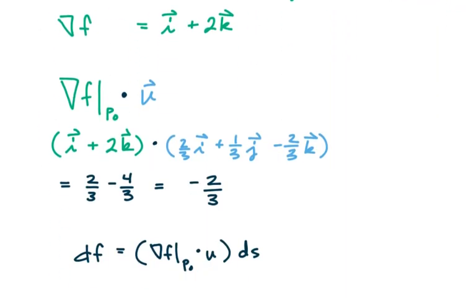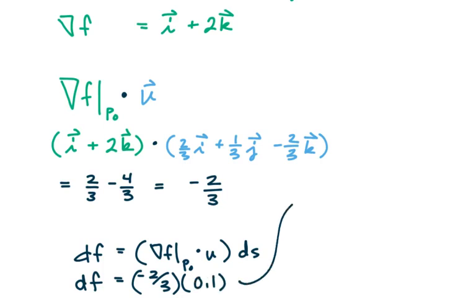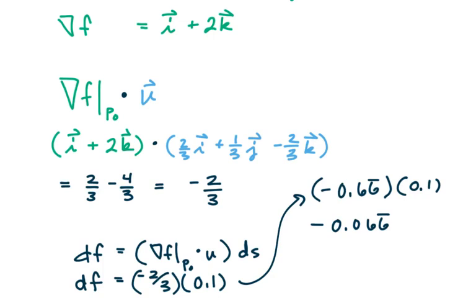So that 1/10 is going to represent my ds, and that means I'm going to say df is negative 2/3 times 0.1. So negative 2/3 is negative 0.6 repeating times 0.1. And so what that does is that moves the decimal over 1 place. So we will be off by negative, essentially, 66 thousandths of a unit.